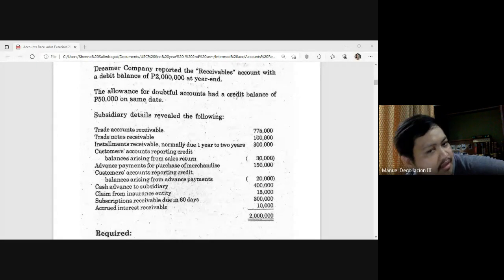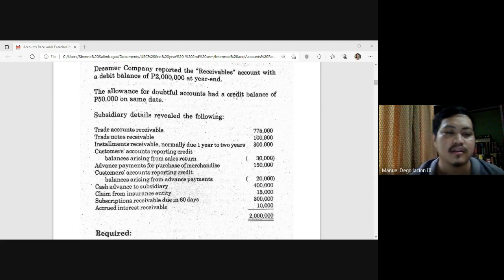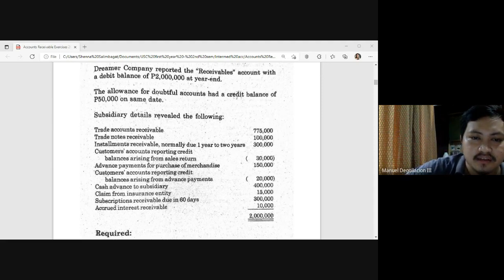This will arise from the issuance, class, the offering for sale of the shares of the company. If you are offering your shares to potential shareholders, when they make subscriptions, if they have not yet paid, then the balance would be considered as a subscription receivable.